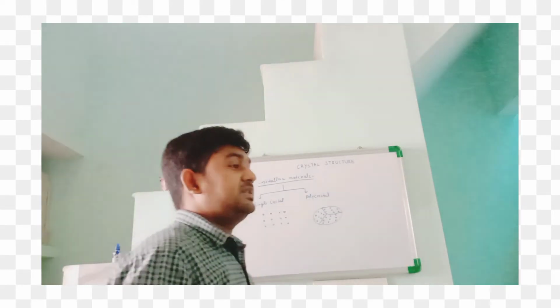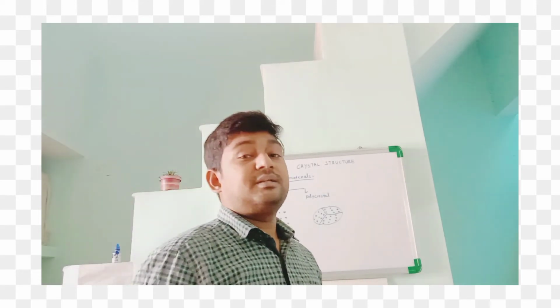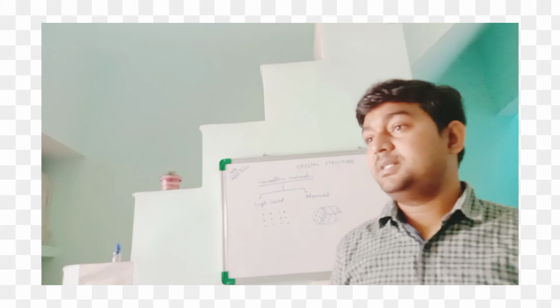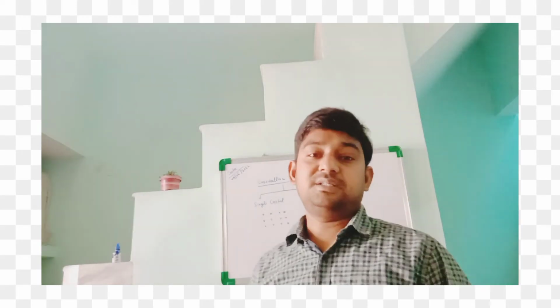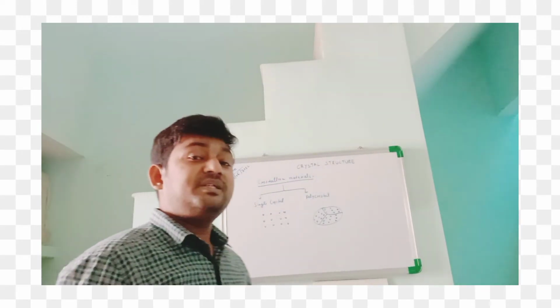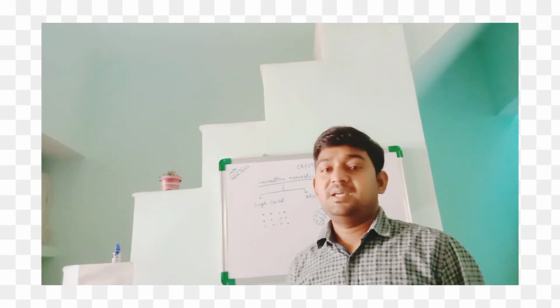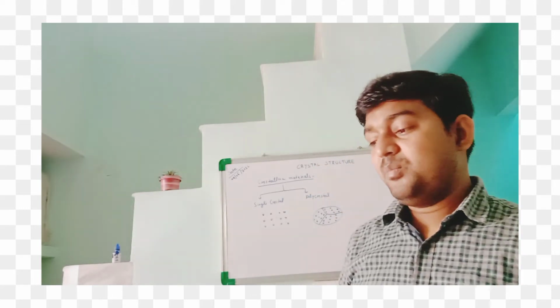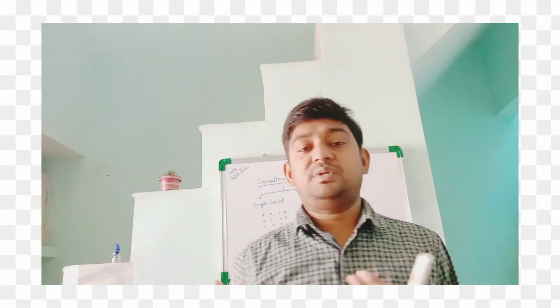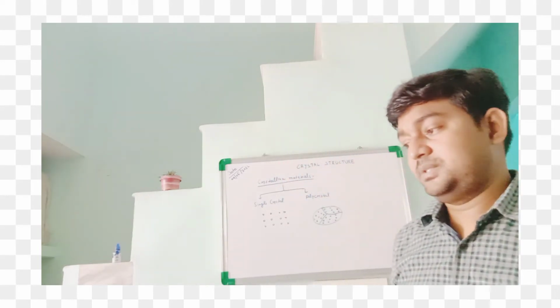After understanding the crystalline materials and solids, we have to understand the purpose of studying the crystal structure. We study the crystal structure to relate the properties of crystals with the arrangement of atoms inside the crystals. And by using this study, we will be able to develop new types of crystals with desired properties.